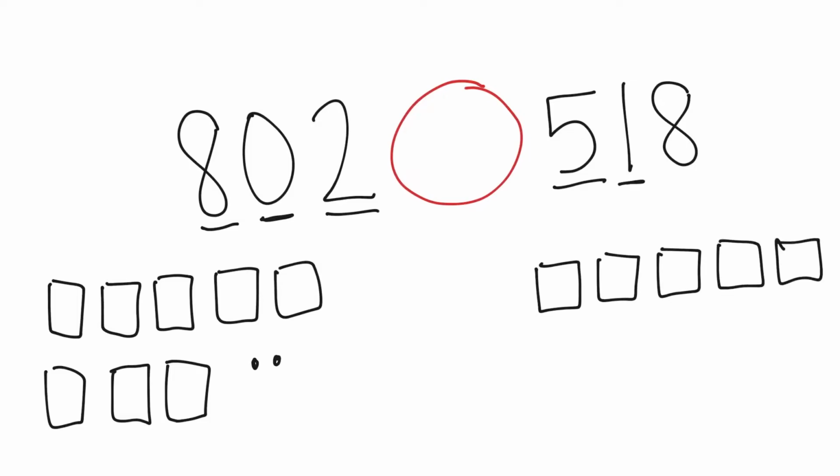I have 1 ten stick, and I have 8 ones. Now, just by looking at this picture, you can see that 802 is bigger because it has the most 100 boxes. So that means I'm going to fill in my circle with the greater than sign opening toward the bigger number. So 802 is greater than 518.